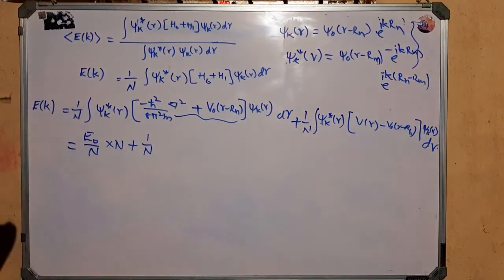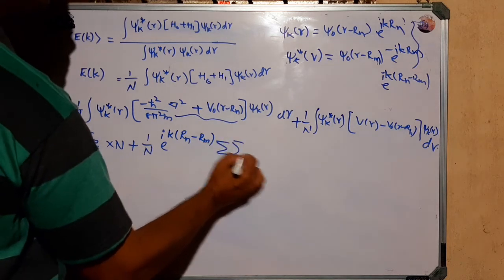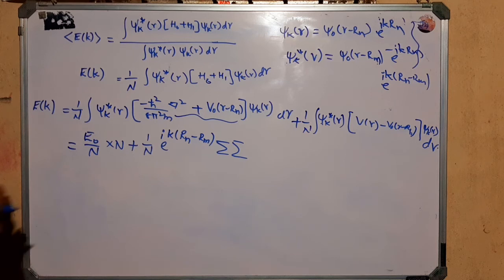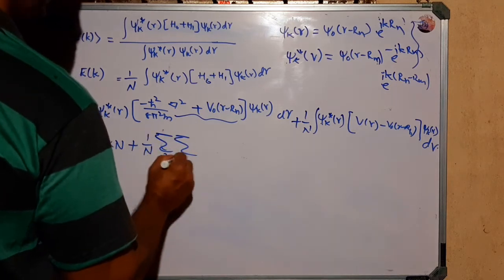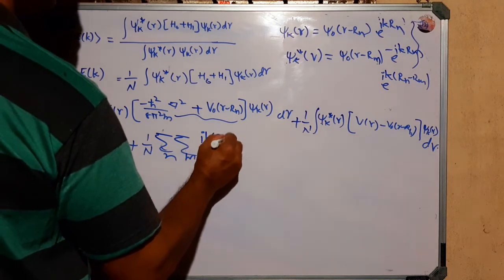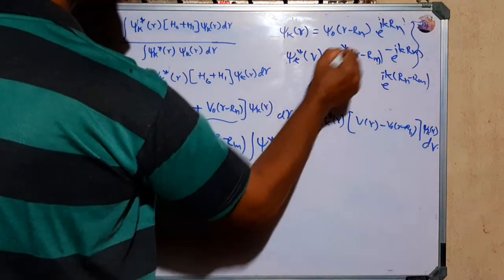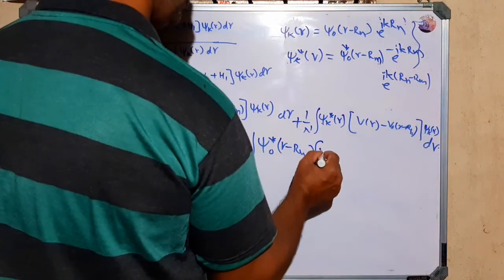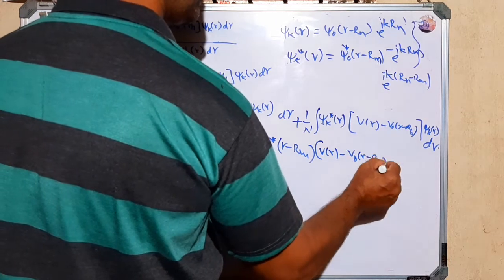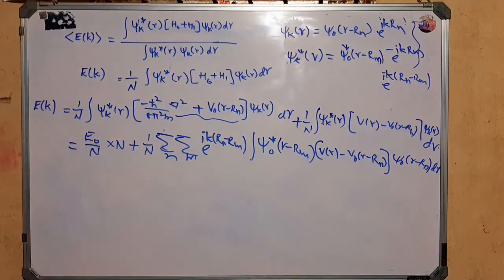I take outside the total summation over n and m of e to the power ik·(Rn minus Rm), times the integral of ξ0 star(R minus Rm) into V(R) minus V0(R minus Rn) into ξ0(R minus Rn) dr. Okay. So here, what happens?